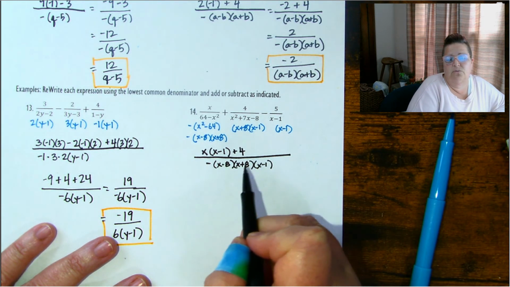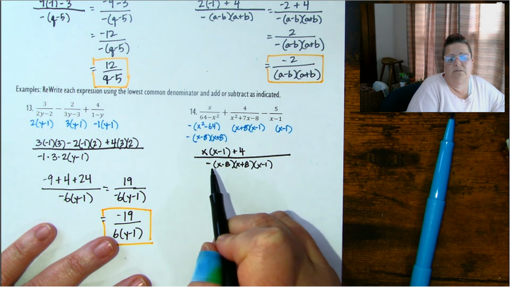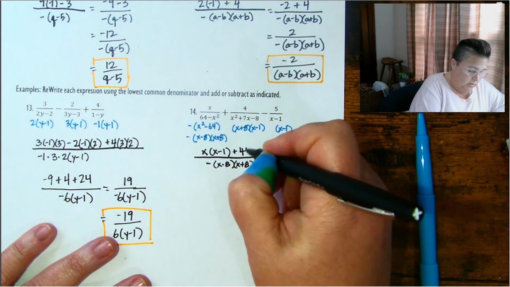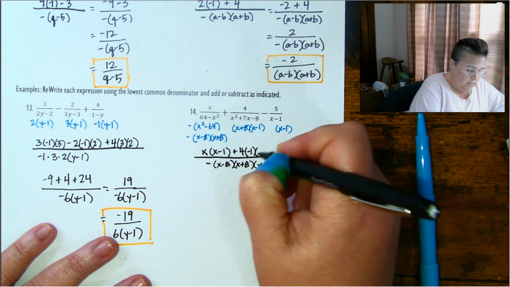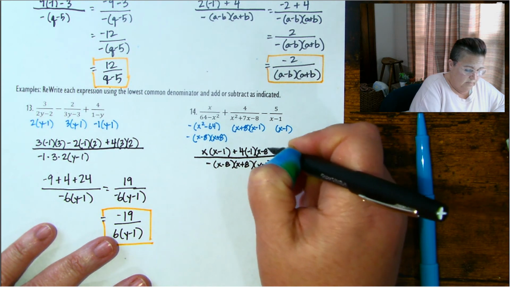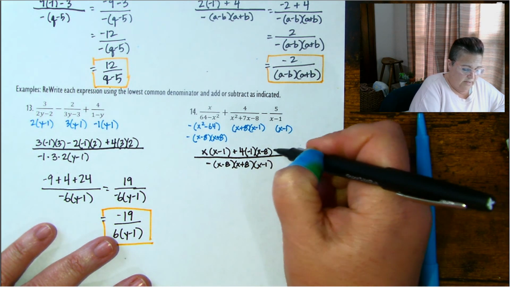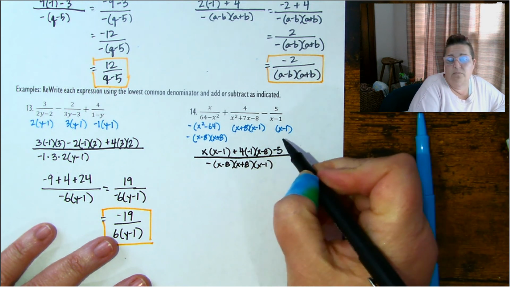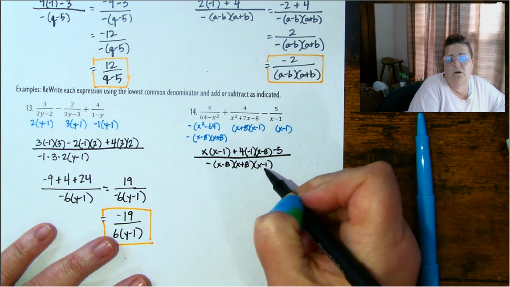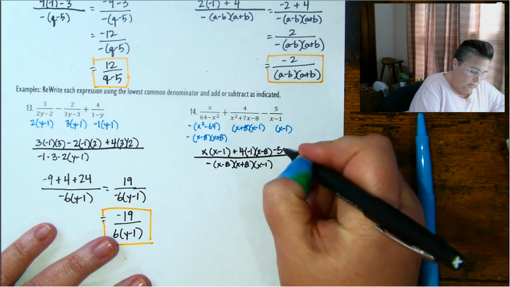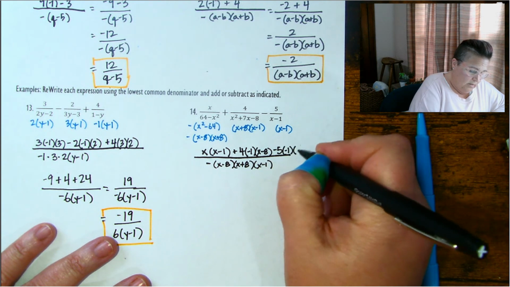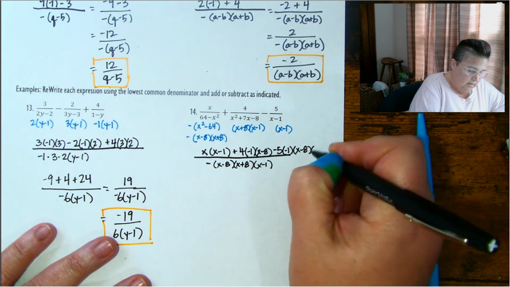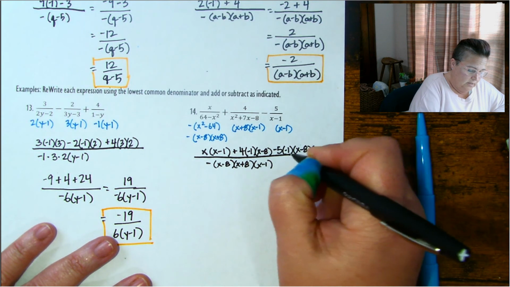So these two were used, but I did not use the negative or the x minus 8. So I'm going to need to multiply this by a negative 1 and an x minus 8. Then a minus 5. And that was only over the x minus 1. So I'm going to need to include with this guy the negative 1, the x minus 8, and the x plus 8. That's a longish one.